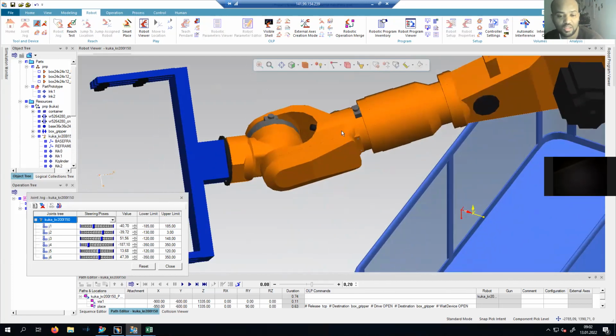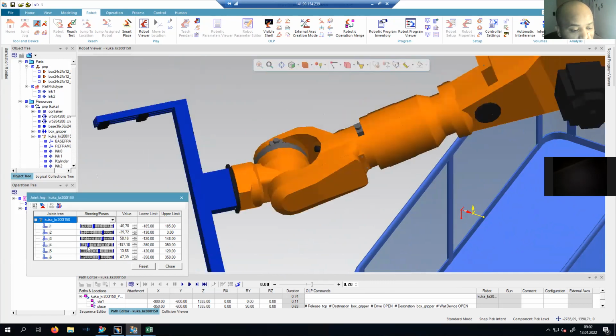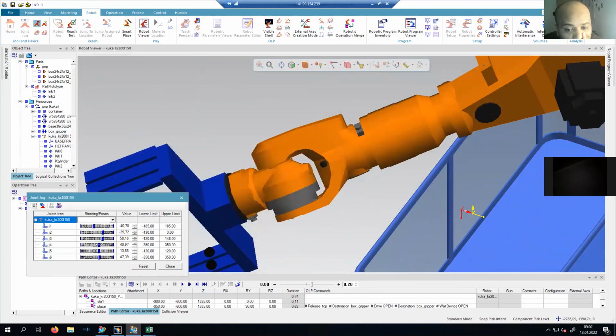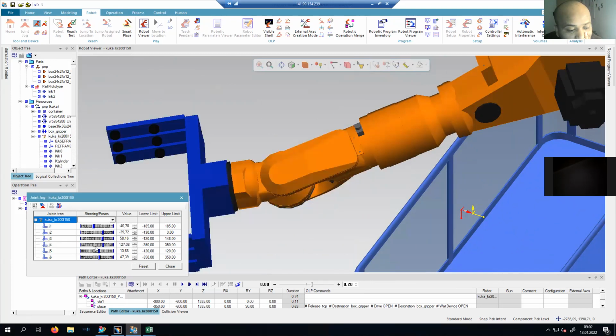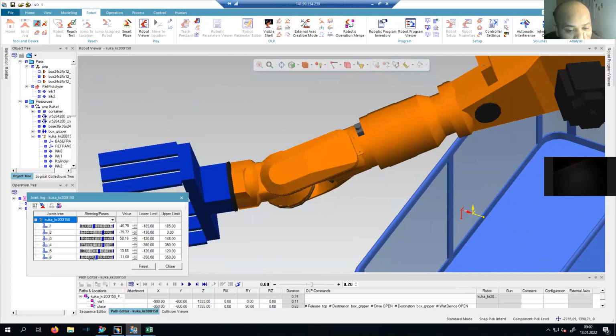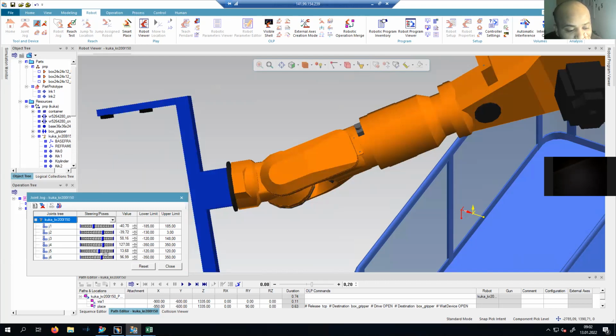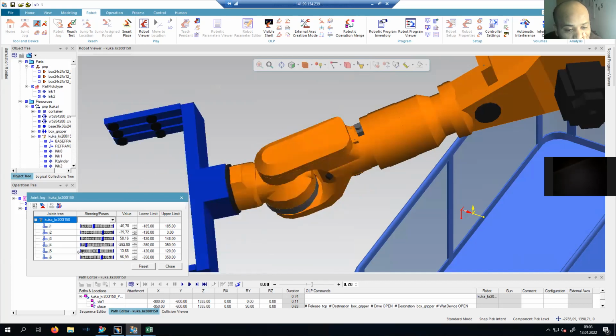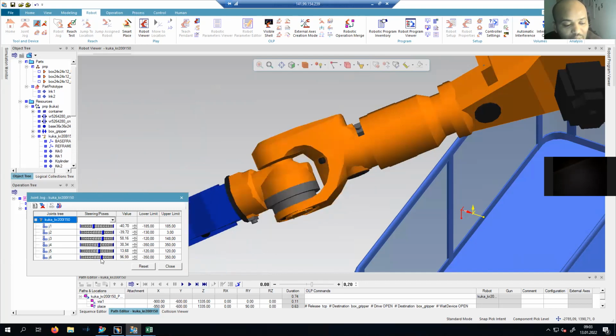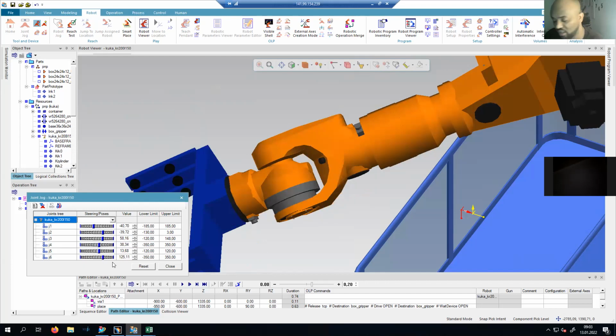This is, for example, joint 4. This and this are doing the same operation, aren't they? Both are doing the same operation. Because of joint 4 and joint 6, you will have infinite solutions.